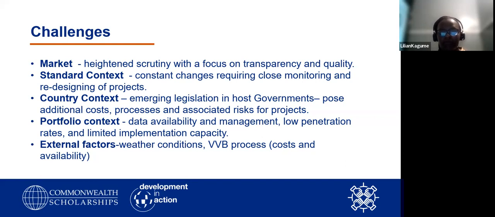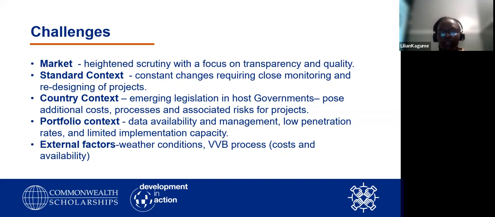Country context: we have emerging legislation in host governments. This poses additional cost, processes and risk for projects. For example, if a carbon tax is introduced and it was not envisaged in the project design, it's something you have to factor in.